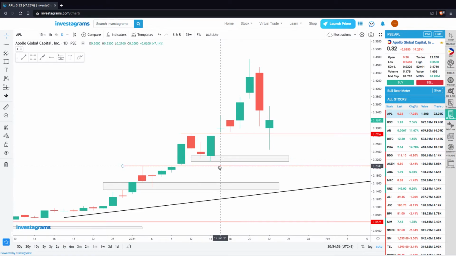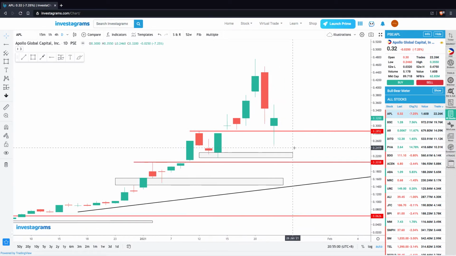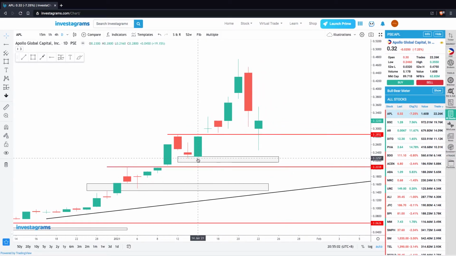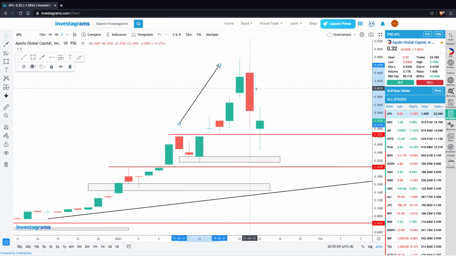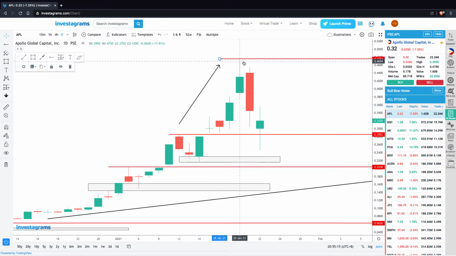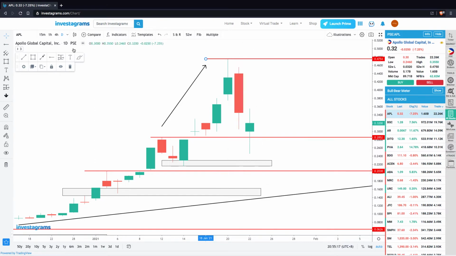It might not have retraced this area yet, but as we are seeing, it responded from there and moved abruptly from this area, so it moved up, and then here we are again. We have a price that got rejected. We saw a bounce from that area to the downside. We have this red candle, and we have here this big green candle.